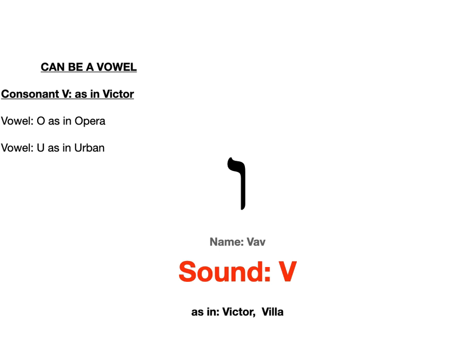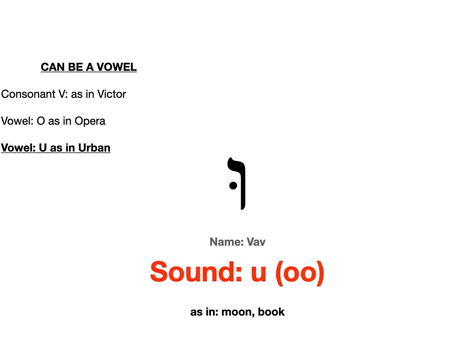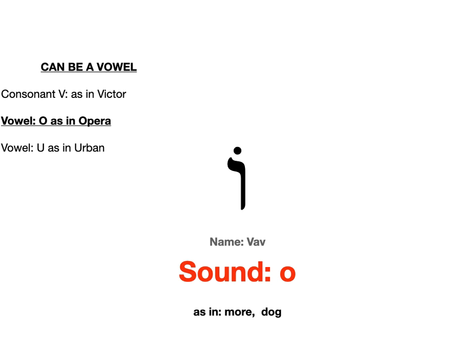When you see a vowel underneath, it's definitely a consonant. If there is a dot on top, it is just a vowel, and the vowel is O. If there is a dot in the middle, it is again just a vowel, and the vowel is U. Do not pronounce this as vu, and do not pronounce this as vo. This is not vo, this is just the vowel.